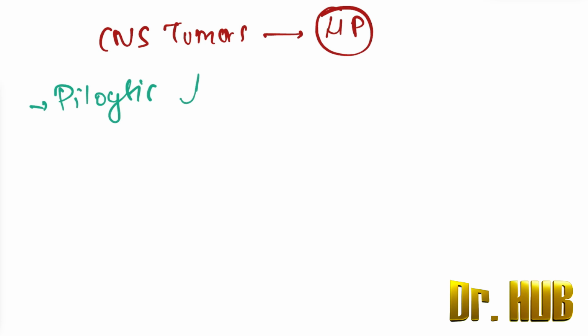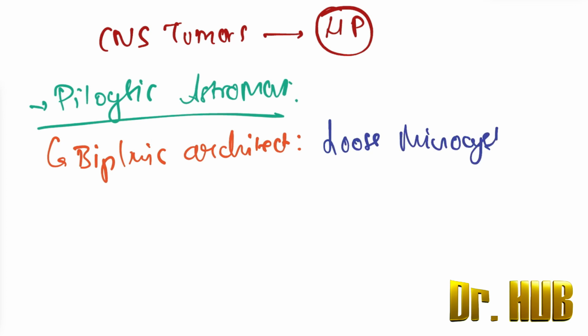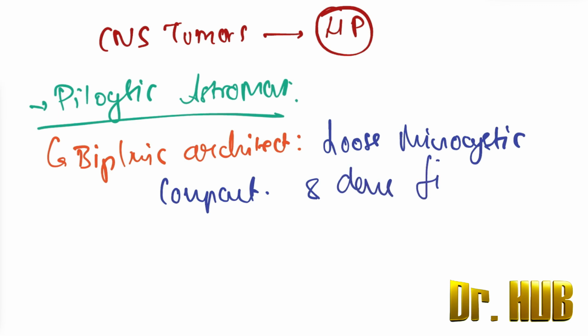The first one is pilocytic astrocytomas. Pilocytic astrocytoma has a biphasic architecture. It contains a loose microcystic component and dense fibrillary areas.